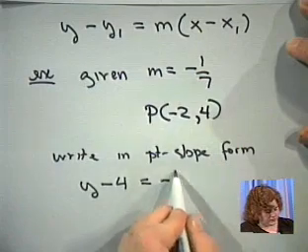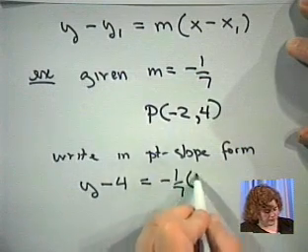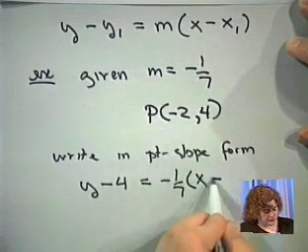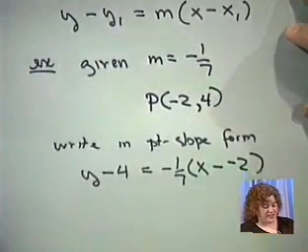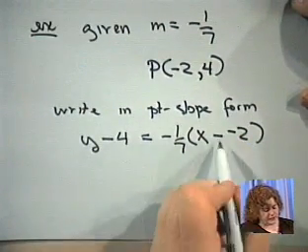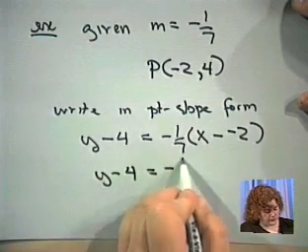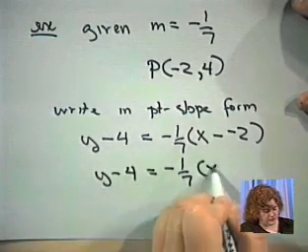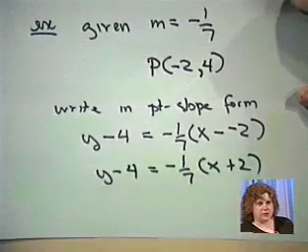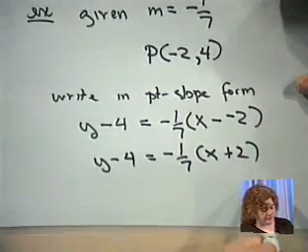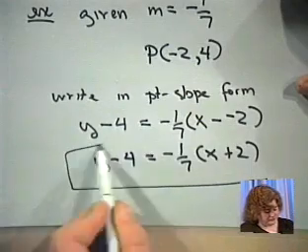Well, that's negative 1/7 times x minus x1 minus a negative 2. And you can really stop there, but most people like to get rid of that. So y minus 4 is negative 1/7 times x plus 2, just cleaning up this little parenthesis bit. And that's it. You're done.